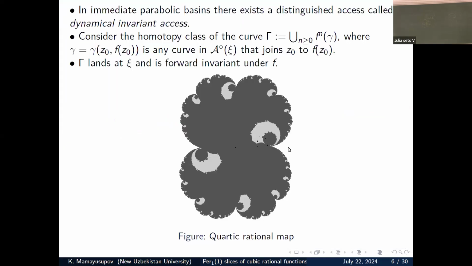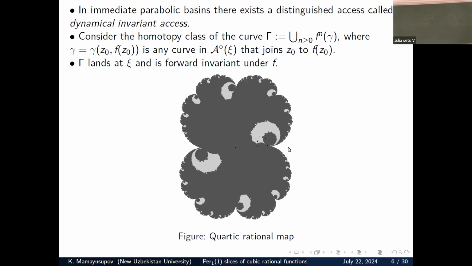So here is a picture for a degree 4 rational map. And for parabolic domains, you have very nice accesses. So here I can show you. Here is your parabolic fixed point. And as you can see, you have 2 accesses converging to this one. You can go directly, or you can go this way.